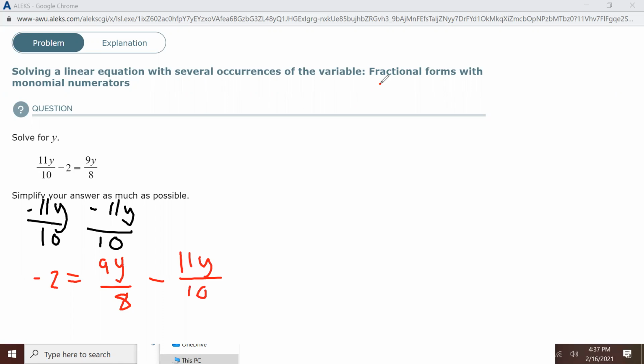Now, I need to get rid of these denominators. I don't want to be working with fractions. This next step, I could have done right at the beginning of the problem, but I chose not to. That next step is multiplying both sides by the least common denominator.